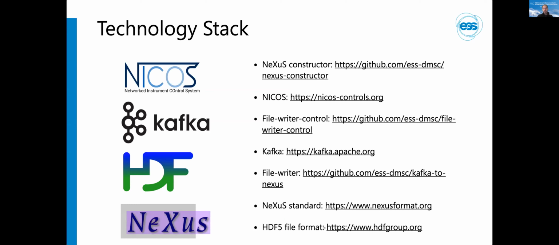And of course, if you didn't figure it out by now, we use HDF5 for data storage and the Nexus standard on top of that for the layout, or well, the Nexus standard for how to store data in the HDF5 file. So that is basically it.